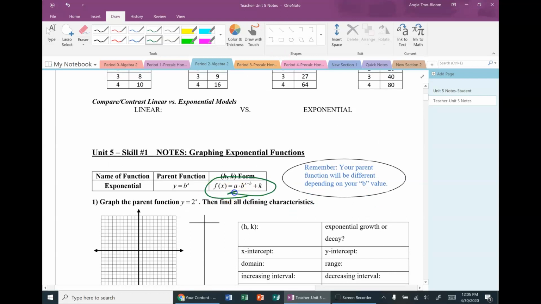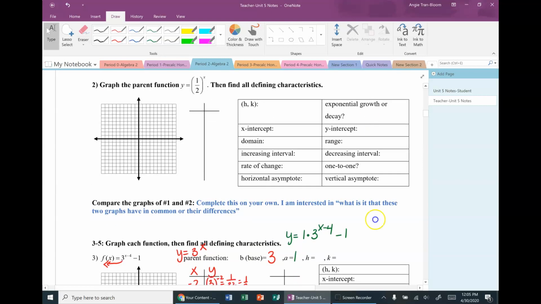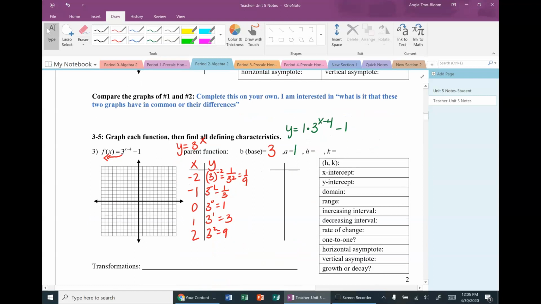It's always A times B to the power, okay? And then K is at the end. So in front of that base, if you don't see any number, that's normally because it is 1. Your H value, because x is minusing 4, H is positive 4, and your K value is -1.